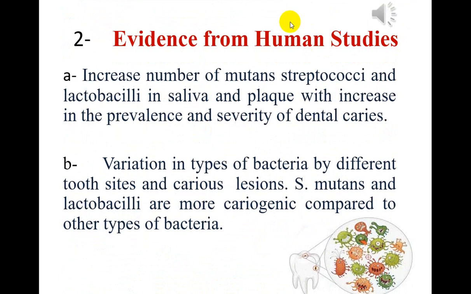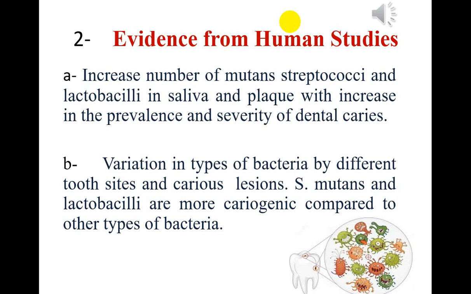Evidence from human studies. Epidemiological and observational studies reported an increase in the prevalence and severity of dental caries with the increase in the number of cariogenic bacteria, precisely mutans streptococci and lactobacilli, in the saliva and dental plaque.